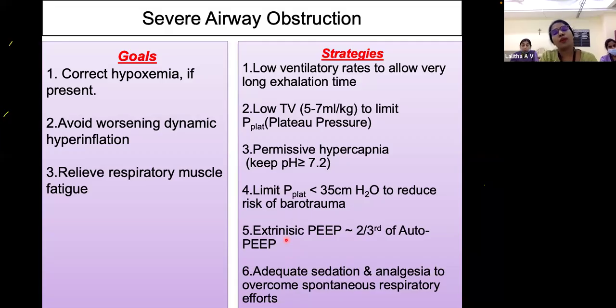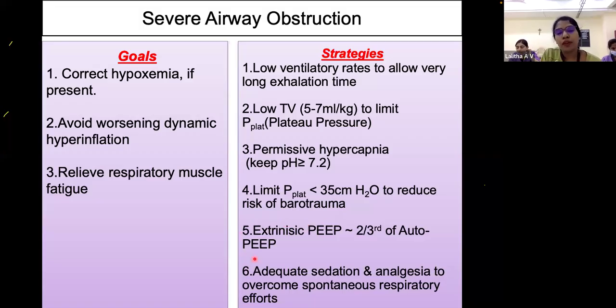How do you check it? Use the expiratory hold for 2 to 3 seconds, and the auto PEEP gets displayed on the ventilator. Suppose your auto PEEP is around 8 or 9, you may have to set around 4 to 5 PEEP. But 0 PEEP is not acceptable; that will again increase the work of breathing.